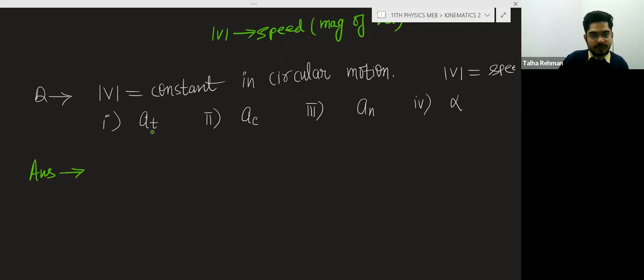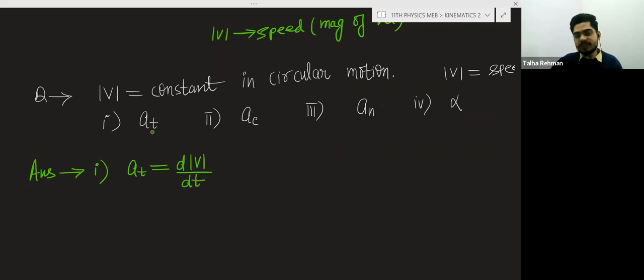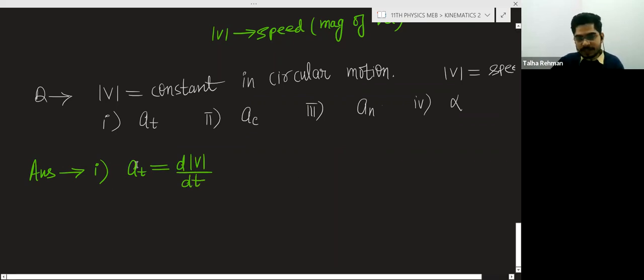So first is the tangential acceleration. What is tangential acceleration? Tangential acceleration is basically dv by dt. If the speed is changing, then only tangential acceleration exists.